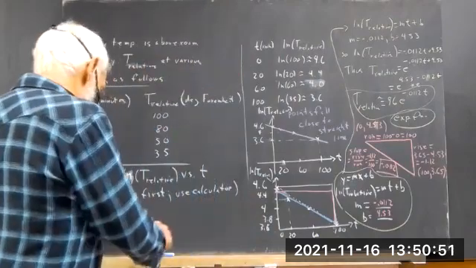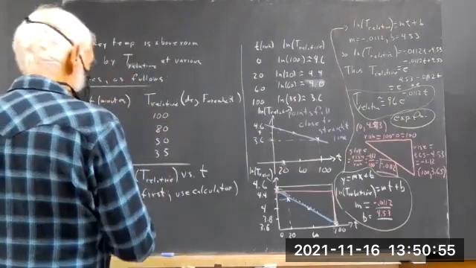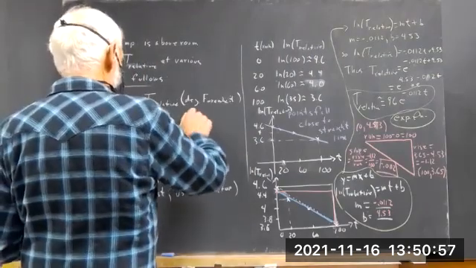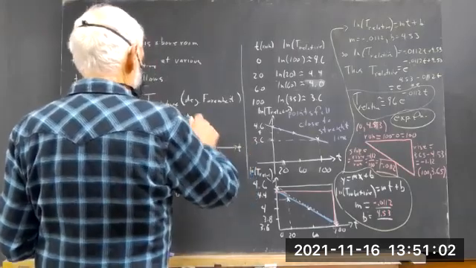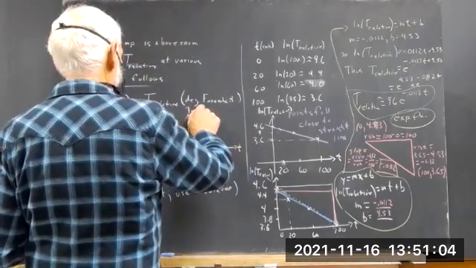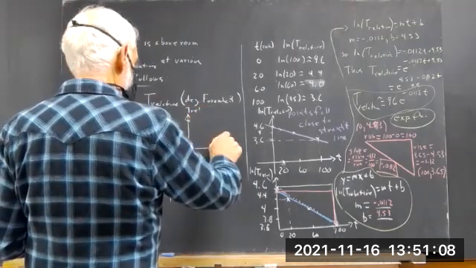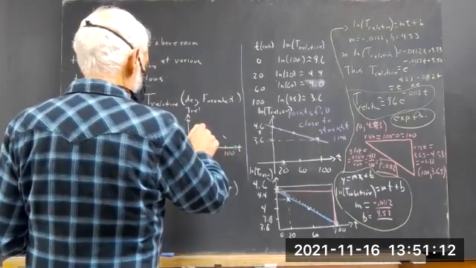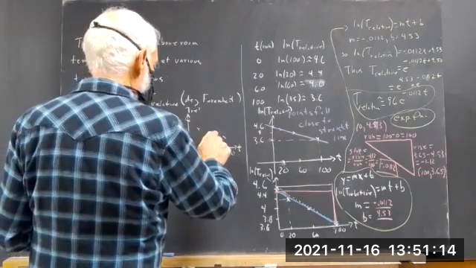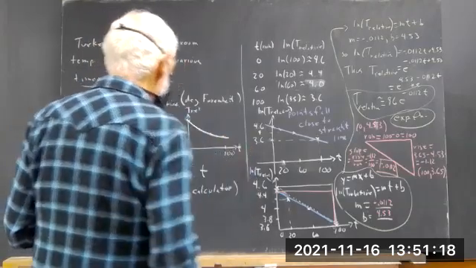Now I'll point out that the graph here looks like this. Okay, we've got 100, and then we got 35. Here's 100. And the graph is an exponential graph.